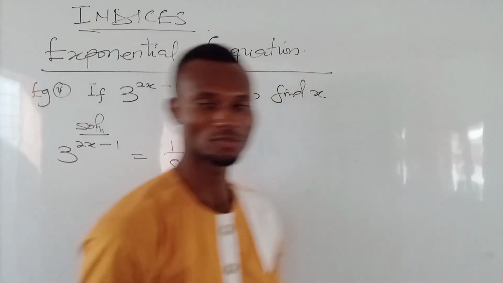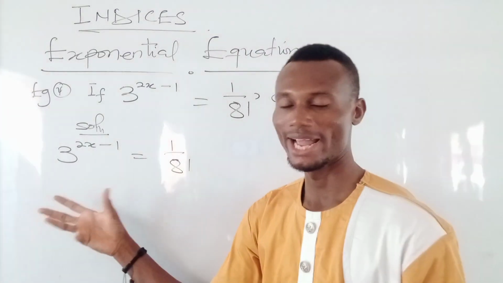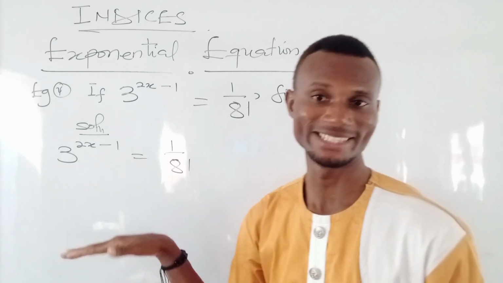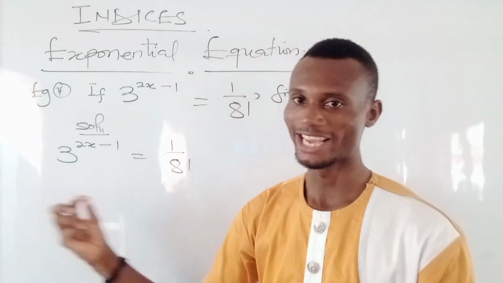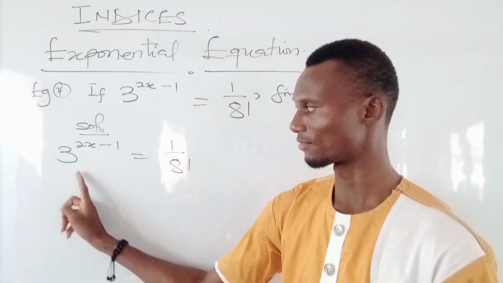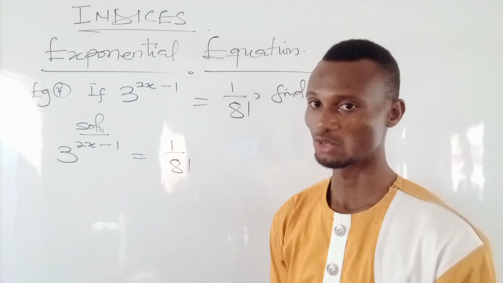Now from the previous videos we learned that for you to solve this kind of exponential equation, you have to make sure that the bases are the same, then you can equate the powers. So this is the question: we have 3 to the power 2s minus 1 equals 1 over 81.